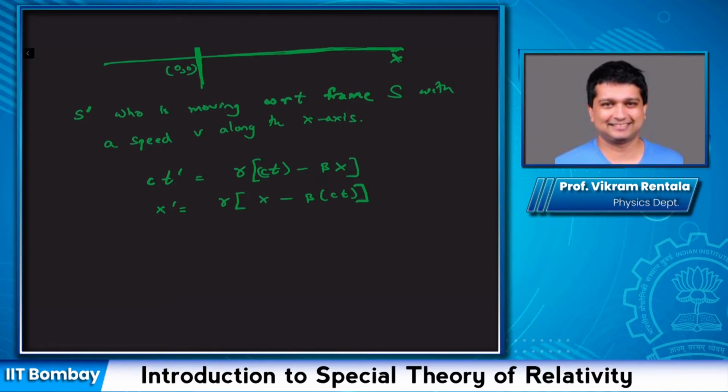Now, one important choice that we've made here is that we have taken the origin, that is t prime is 0, x prime is 0, in the frame S prime, to be the same as the spacetime point t is 0, x is 0, as seen in the frame S.